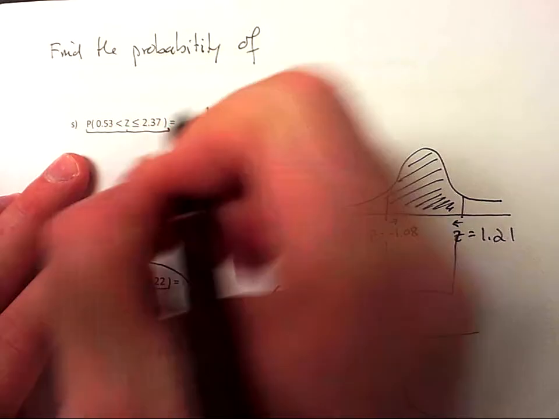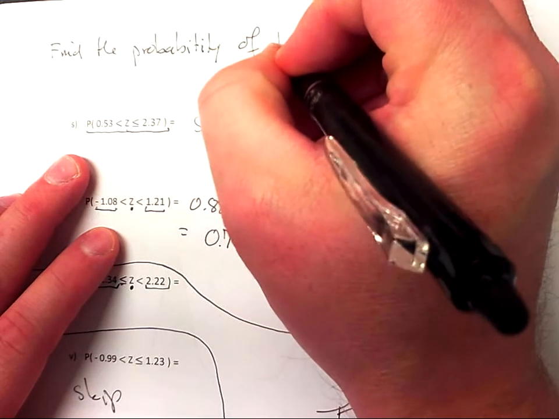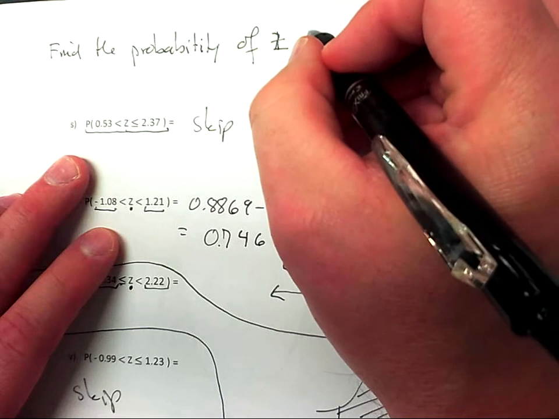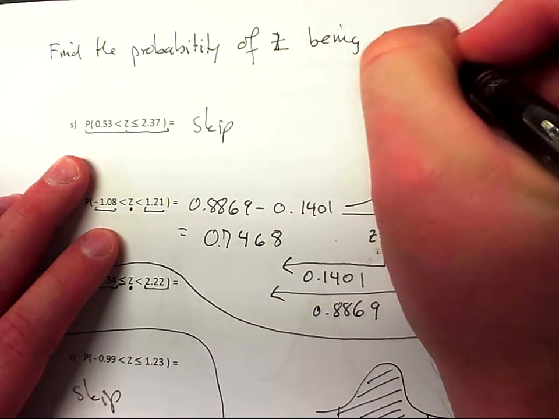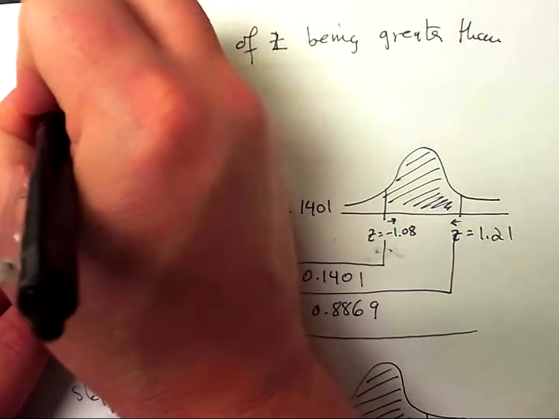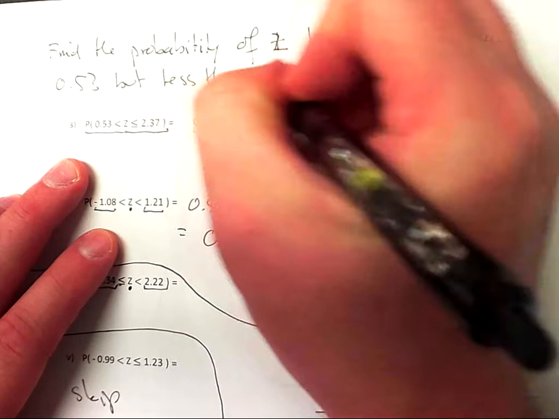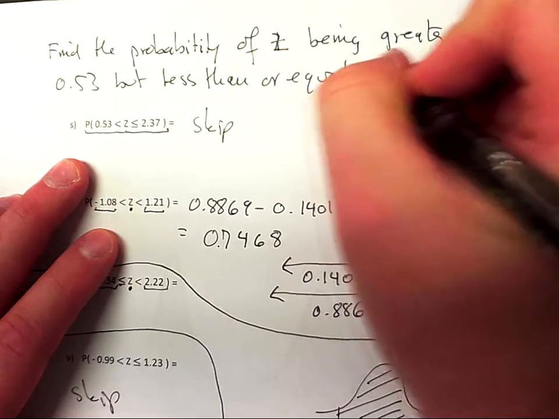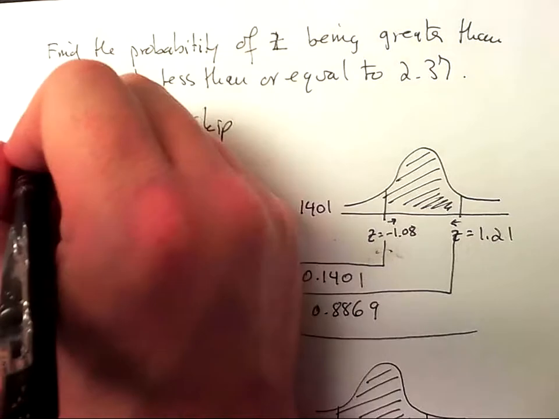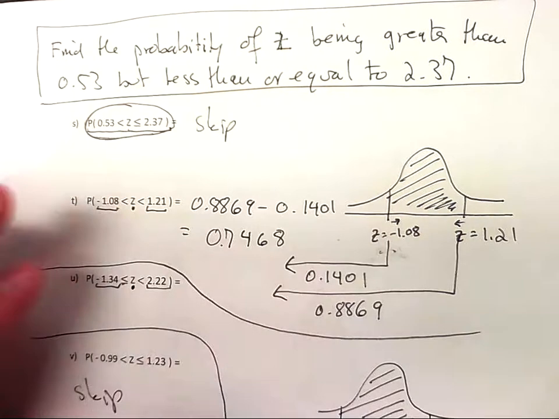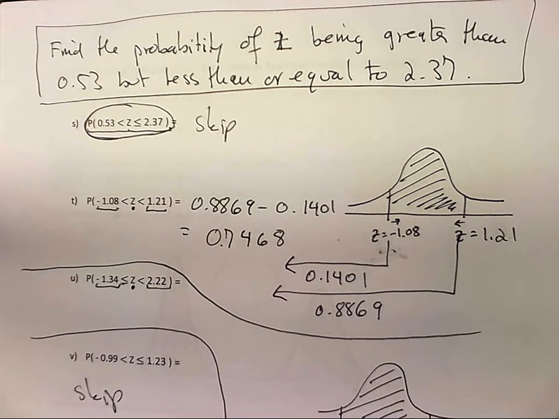So find the probability of z being greater than 0.53 but less than or equal to 2.37, right? So if we did this problem right here, that would be it, right? We're finding the probability of z being greater than 0.53 but less than or equal to 2.37, right?